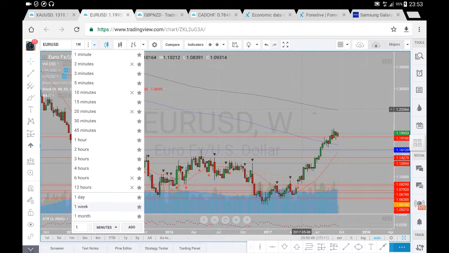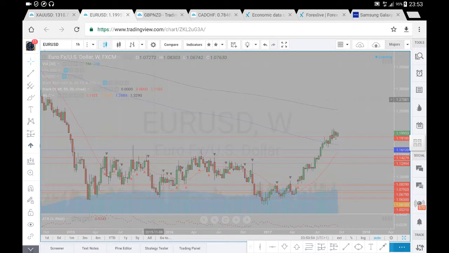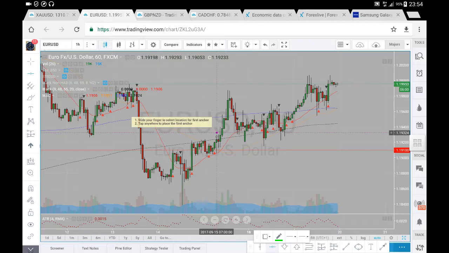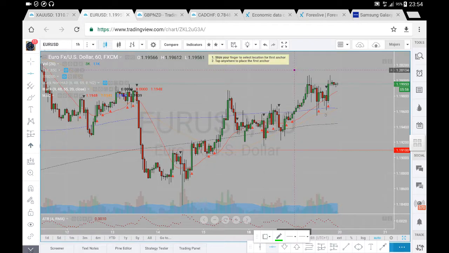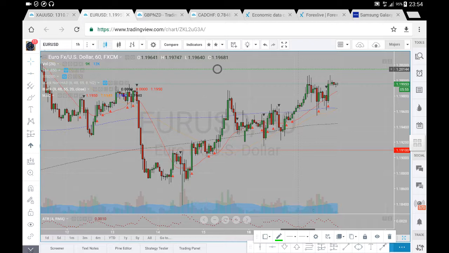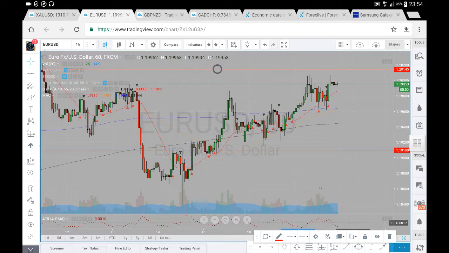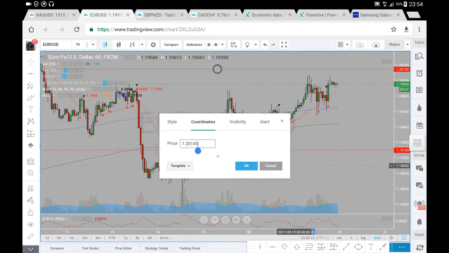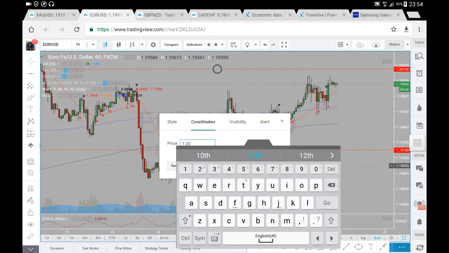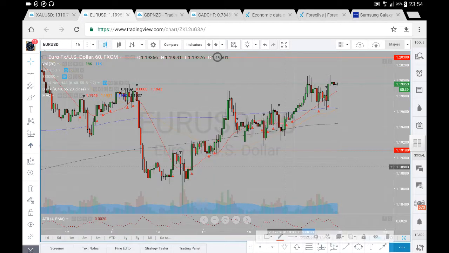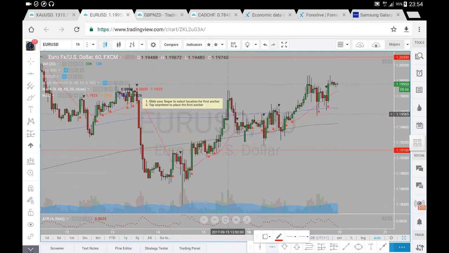Now, I've already mentioned the areas I'm looking at to the upside. Let's just indicate that on the charts, and let's just put them on there. So let's just change the color here to red, and we were looking at 120.30 to the upside, and also 120.92.